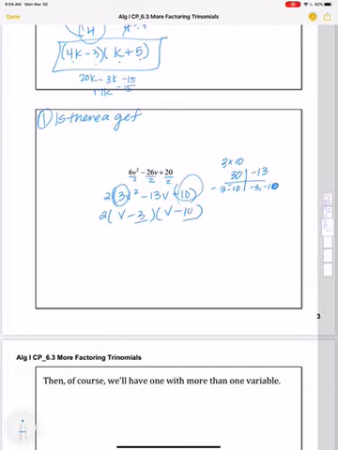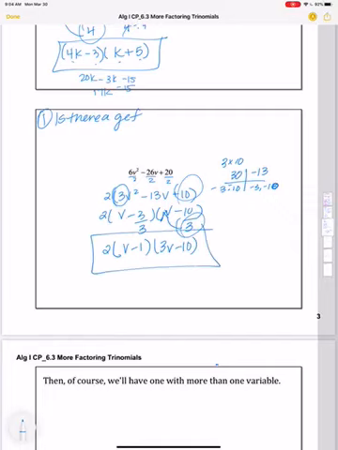We always forget, but divide by a. So 2, bring that down, v minus 1, and then that doesn't go into 10, so it'll be 3v minus 10. And you have factored this incredibly tough problem with a GCF. And that is where we are going to stop for today.